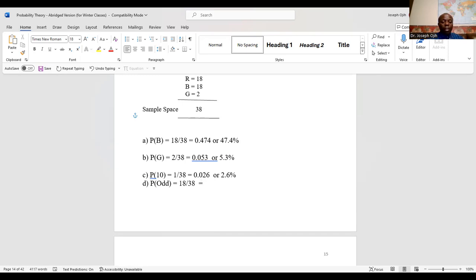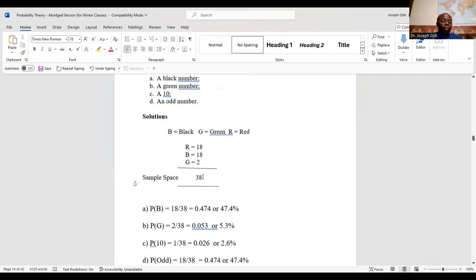We have it already here, similar to before. This is 0.474. Or if you like, you can call it a 47.4% chance that it will fall on a slot that is an odd number.